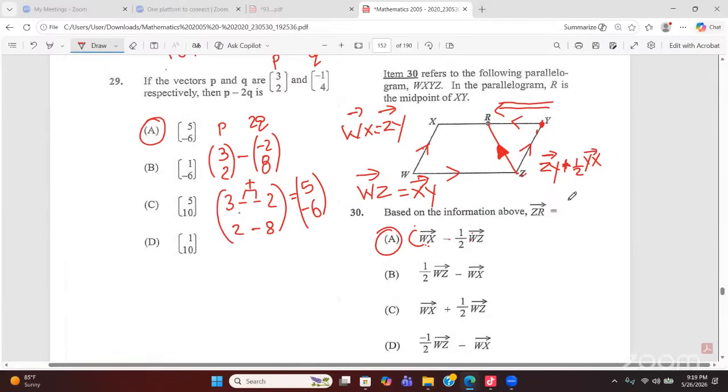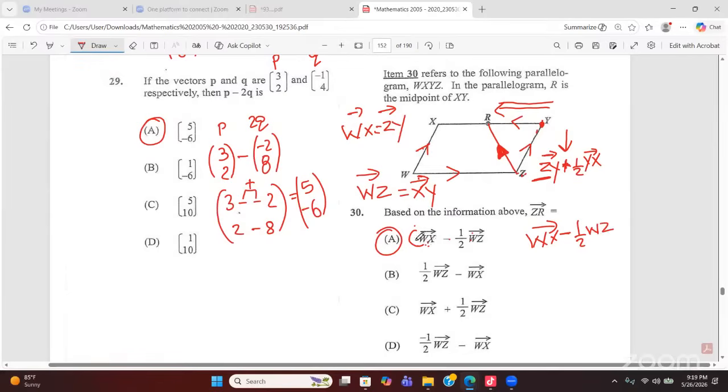So in other words, WX matches with this for us, and then the minus, because we're going in the other direction. WZ.